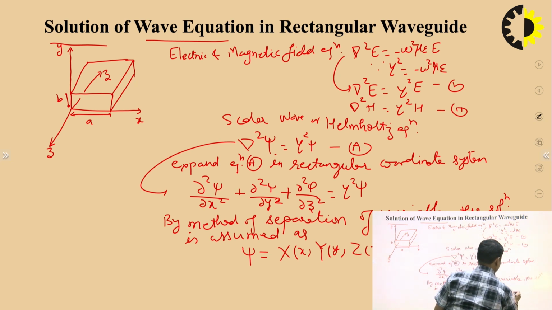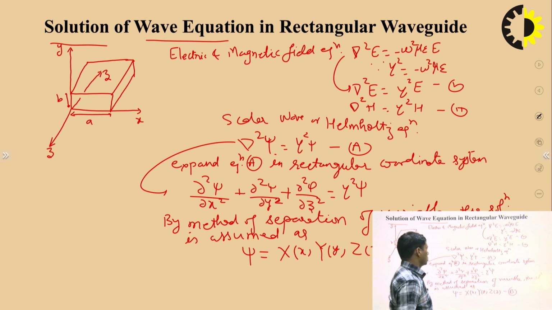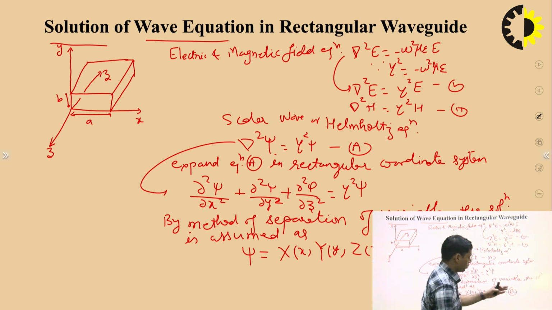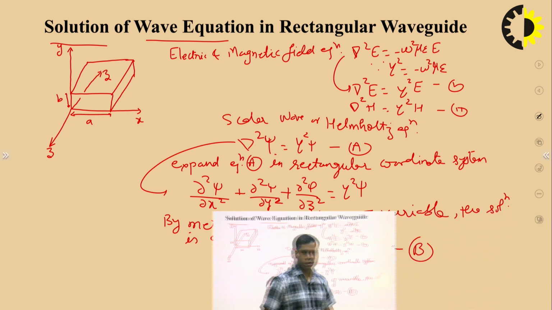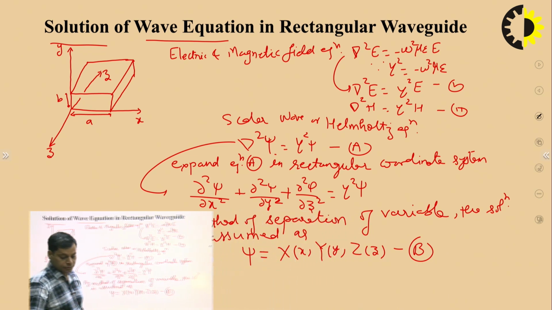Let us say this is equation B. So the solution of equation A will be in the form psi is equal to X of x, Y of y, Z of z, given as equation number B.